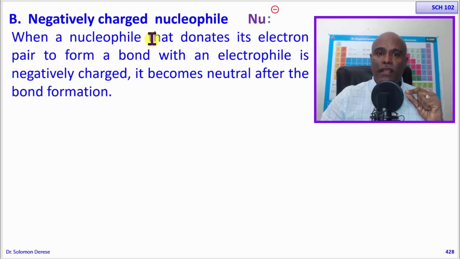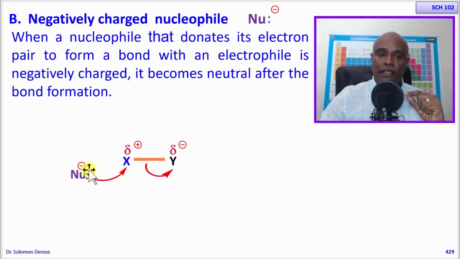When a nucleophile that donates its electron pair to form a bond with an electrophile is negatively charged, after it has formed a bond with the electrophile, the nucleophile becomes neutral.